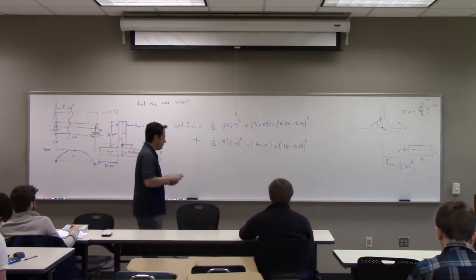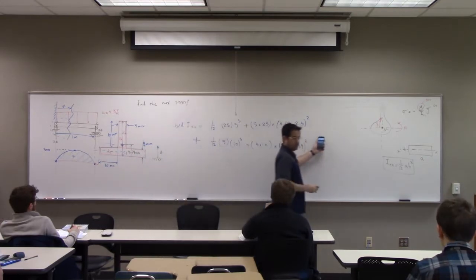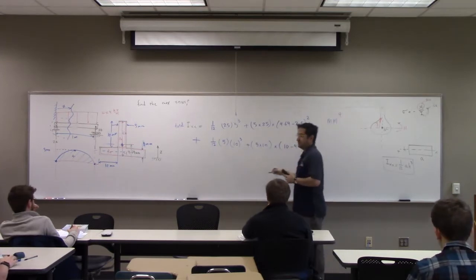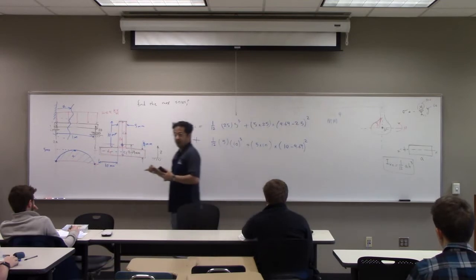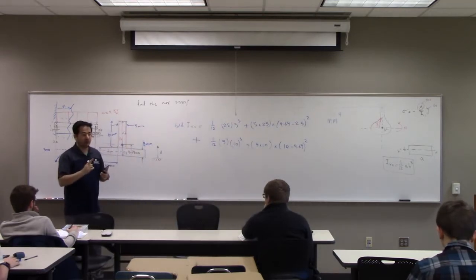What is the dimension of that? We will do that later. What is the dimension of that? Millimeter to the fourth. Why? It's very important here to check the dimension. Why millimeter to the fourth power?